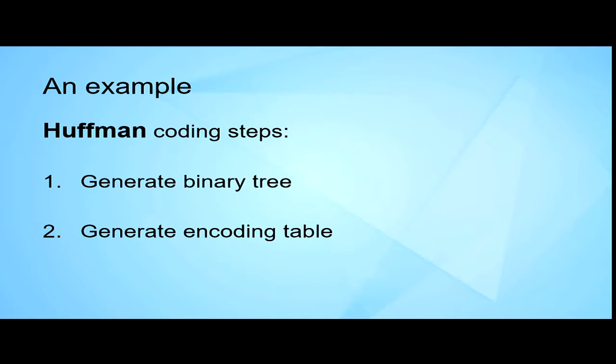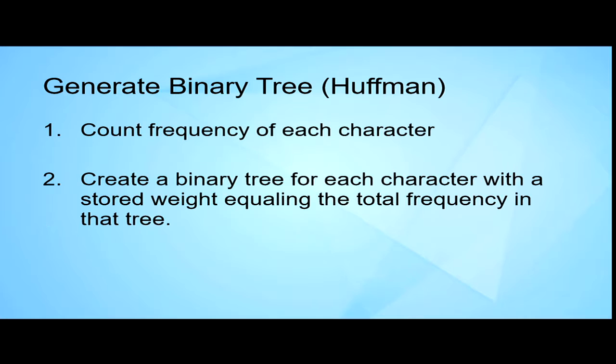Now we can look at an example of Huffman coding with compression, as in using Huffman's algorithm to compress. The first step will be to generate a binary tree. How does it do it? Huffman's algorithm counts the frequency of each character appearing, and then puts a weight equivalent to the total frequency of that character onto each character.